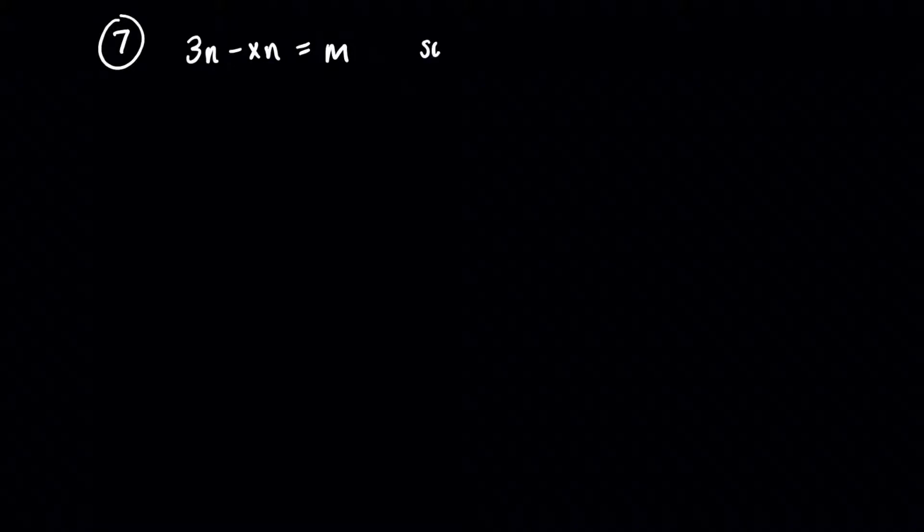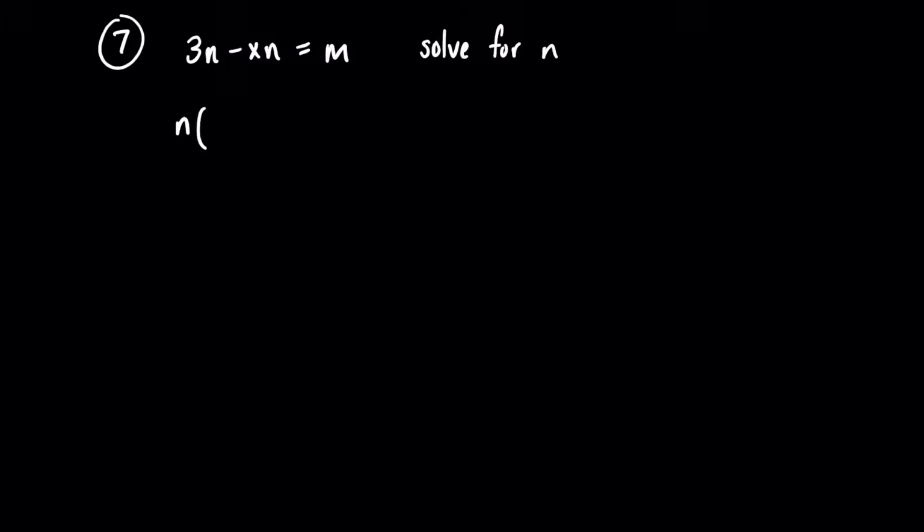So what if I had 3n minus xn equals m, and I asked you to solve for n? So we're going to do the same thing. We're going to pull that n out. We'll have 3 minus x. That would be what would be left after you have divided an n out of each of those terms on the left side.